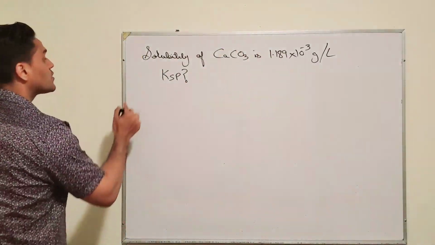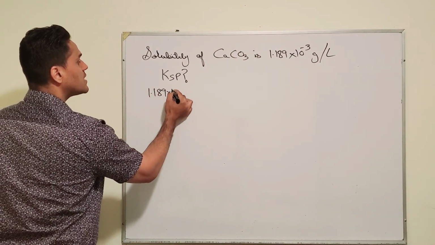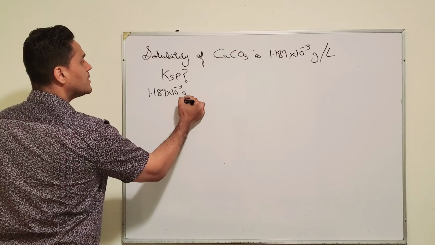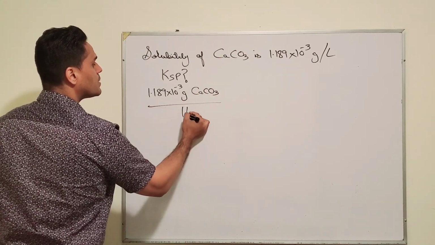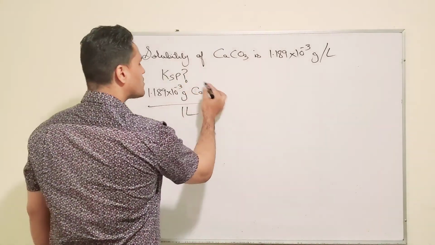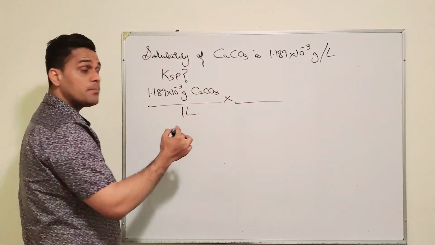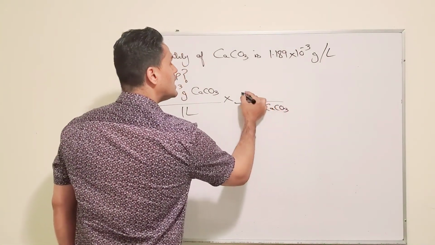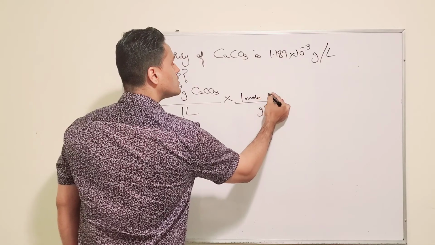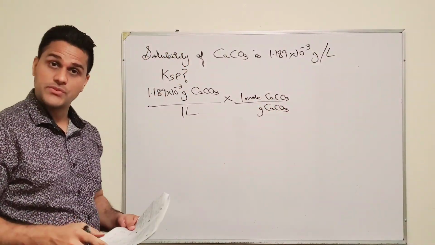Okay? So we have 1.189 times 10 raised to the power minus 3 grams of CaCO3 per liter. Let's change it from grams to moles. We have grams of CaCO3 at the top. We're going to put the same grams of CaCO3 at the bottom. And 1 mole of CaCO3 is going to be equal to the molar mass of CaCO3.